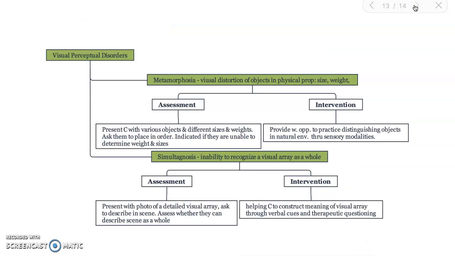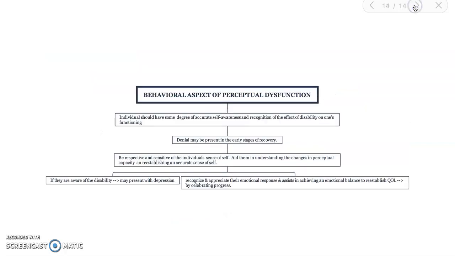For visual perceptual disorders, there is the condition recognized as metamorphopsia and simultagnosia. And again, take some time to go through the different ways that you can assess and provide treatment for each of these conditions.